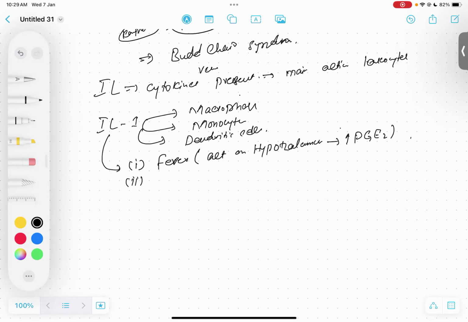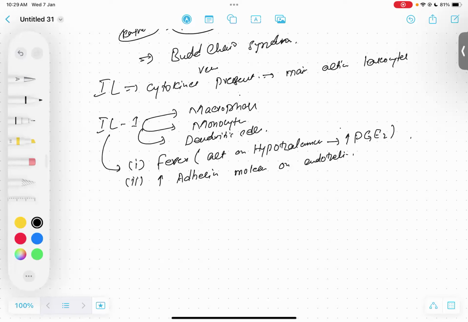The second function of interleukin 1 is to increase adhesion molecules on the endothelium.